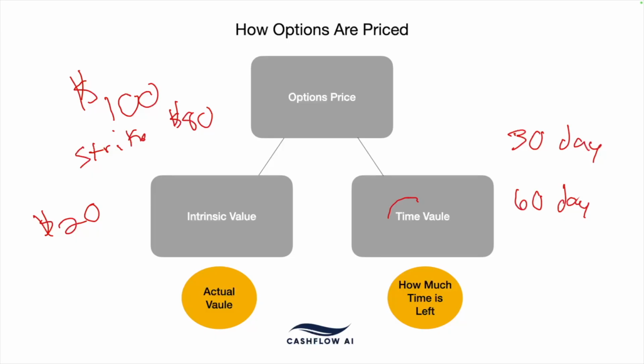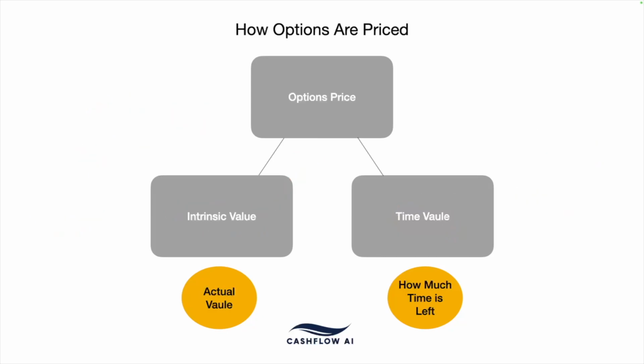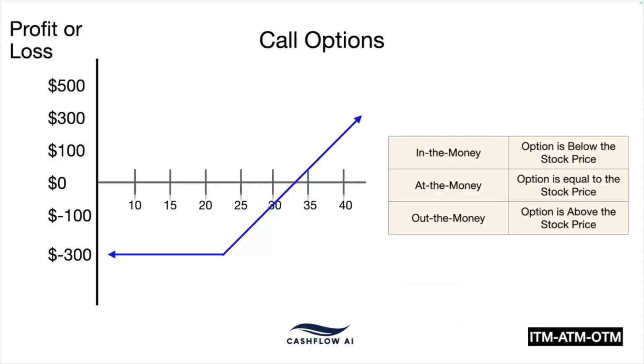So if you take the time value plus the intrinsic value, that is where you're going to equal the option's price, okay? So the actual value is how much money is built in, intrinsic value or equity, versus how much time is left on the option, and that time will tell you how much the option is worth.